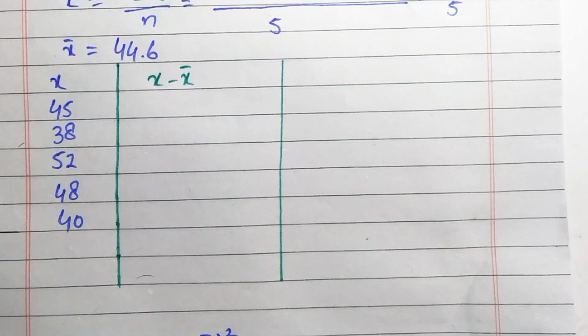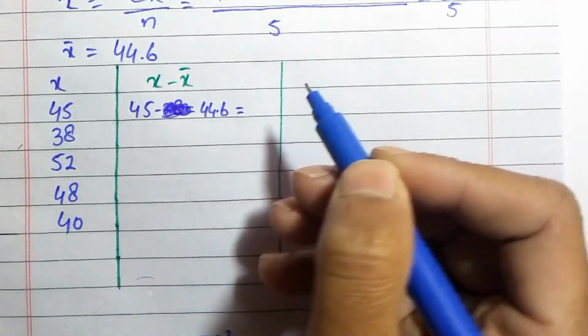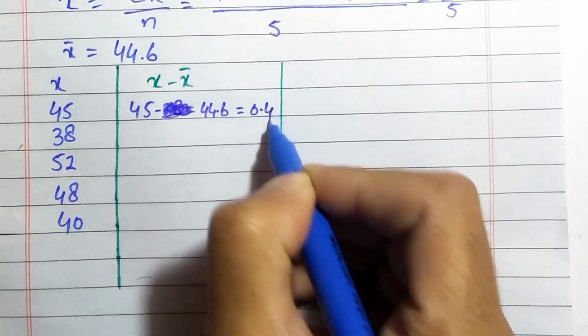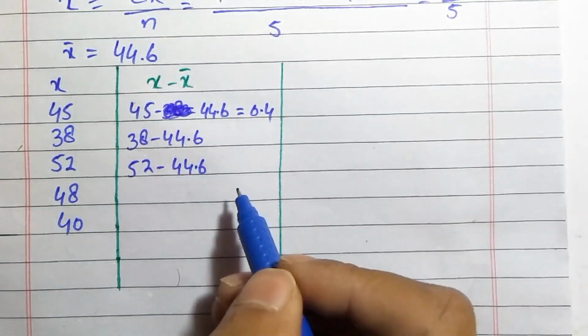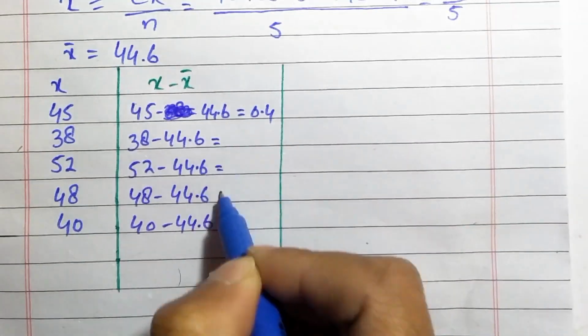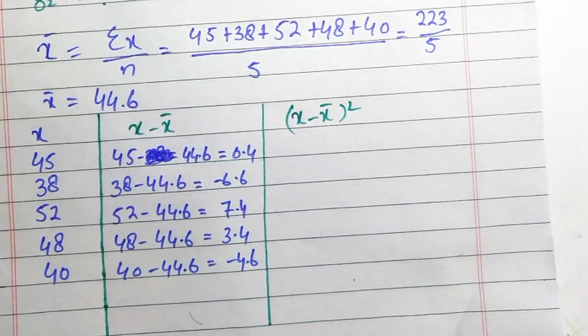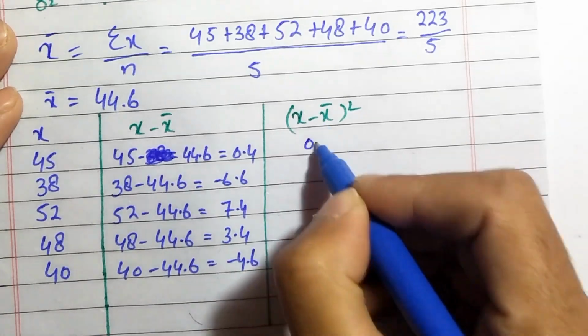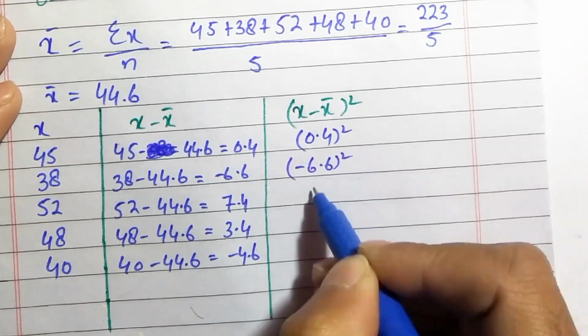We just calculated. 45 minus 44.6 is equal to 0.4 and so on. We are going to calculate square of the values just obtained. So 0.4 square and so on.